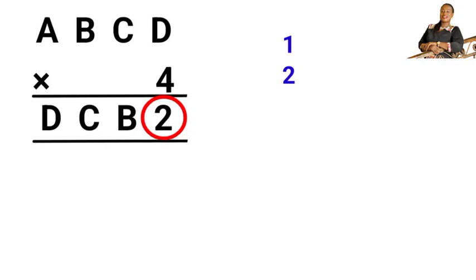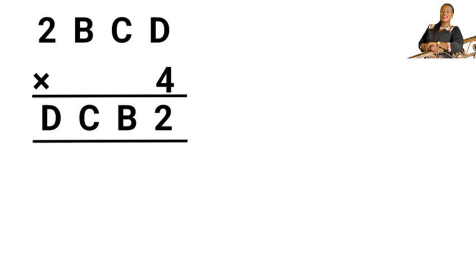If we have 4 here, when we multiply 4 by any number, the result will be even. So between 1 and 2, it is 2 that fits perfectly into the possible value of A. So our A is 2. Let's replace A by 2.